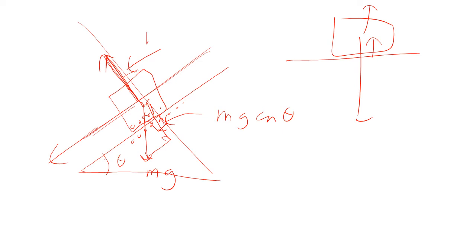So this up here has to be mg cosine theta. Just for completeness' sake, this is mg sine theta. And so that means this force balances there. So the force is always perpendicular to the surface.